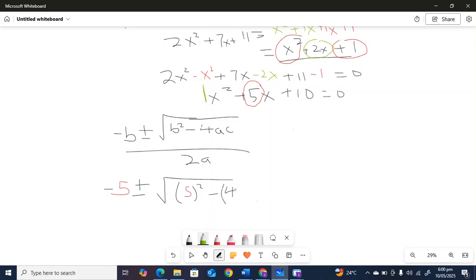So 4 times 1. C is the number without a letter in the quadratic equation, which is the constant. So C is 10, over 2 times A, and that is 1.